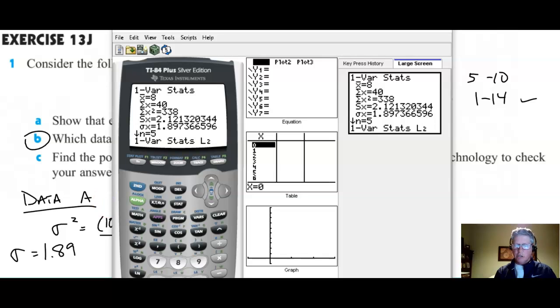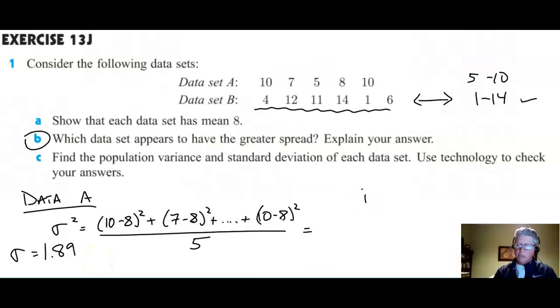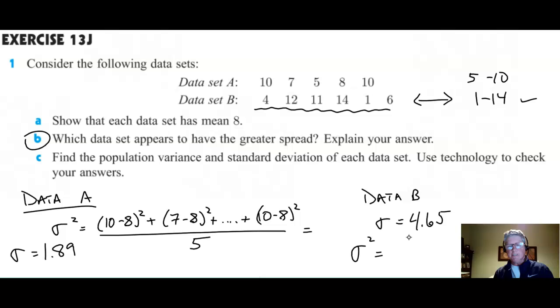In my case 2. Hit enter, and there is again my mean of 8, but this time the standard deviation is 4.65. So data set B has a sigma of 4.65. If I want to find the variance, I just square those numbers.